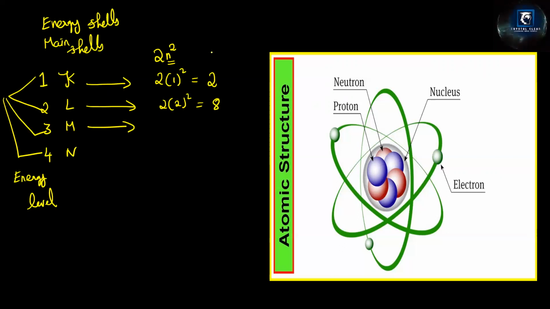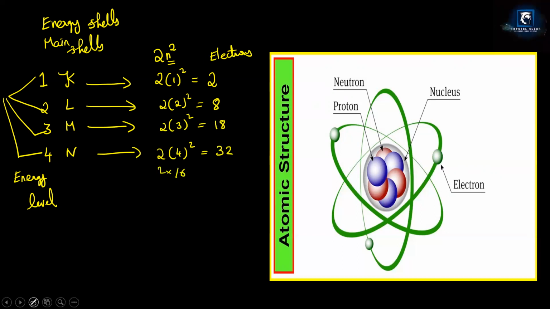So only this number of electrons can be placed, right? And then 18, 32. So this is the way we can calculate, right? So these are all the energy shells. This plays a very important role as we go deep into the video.